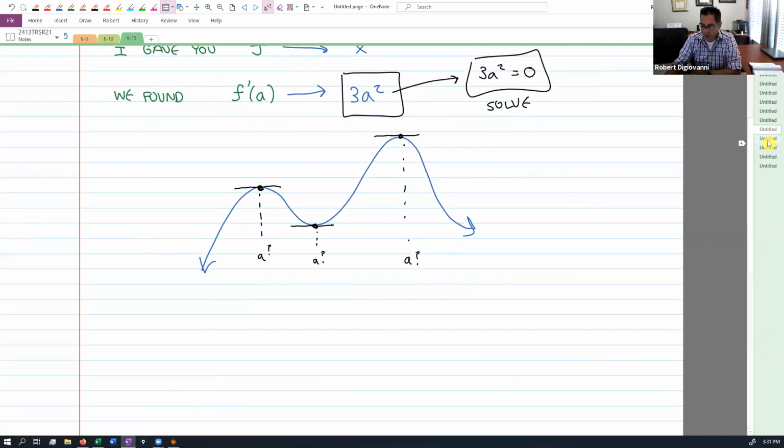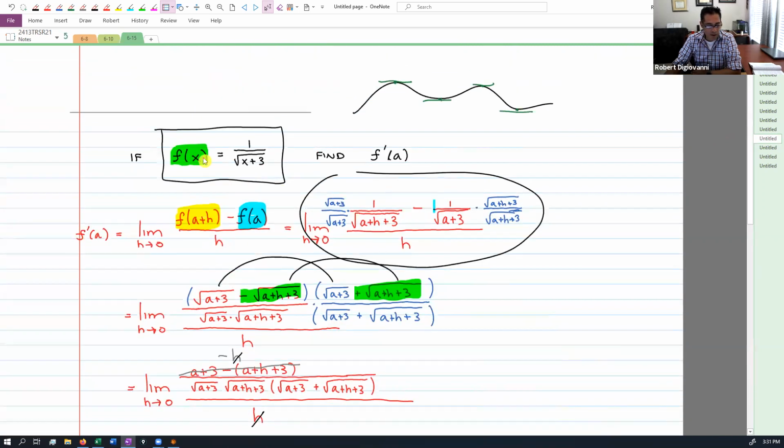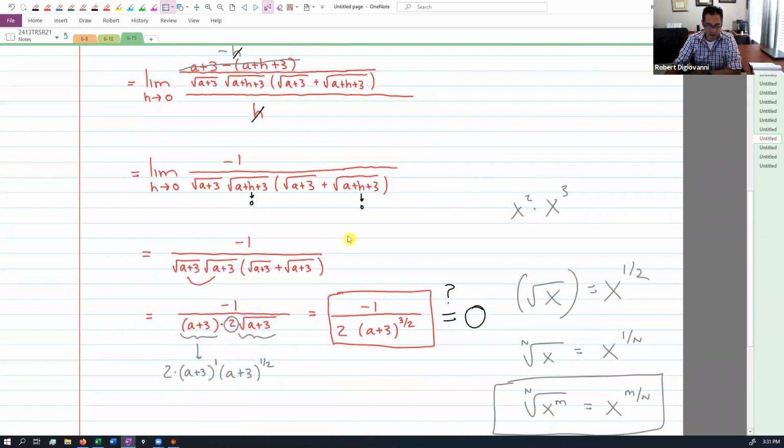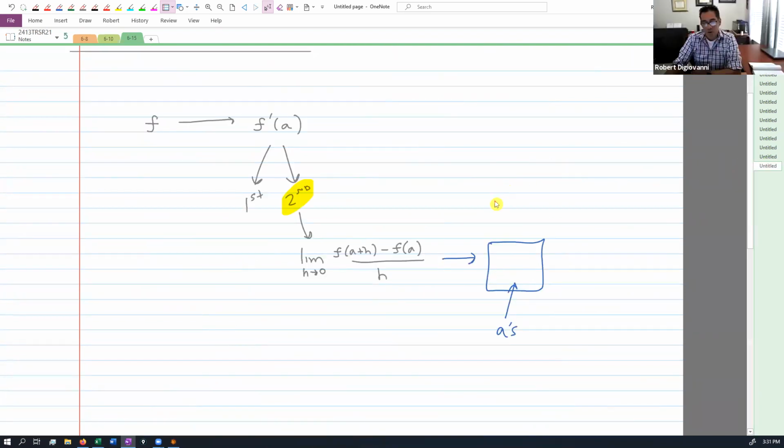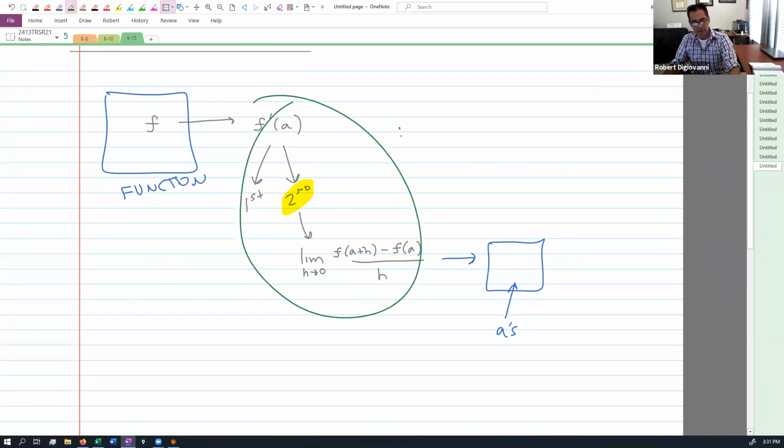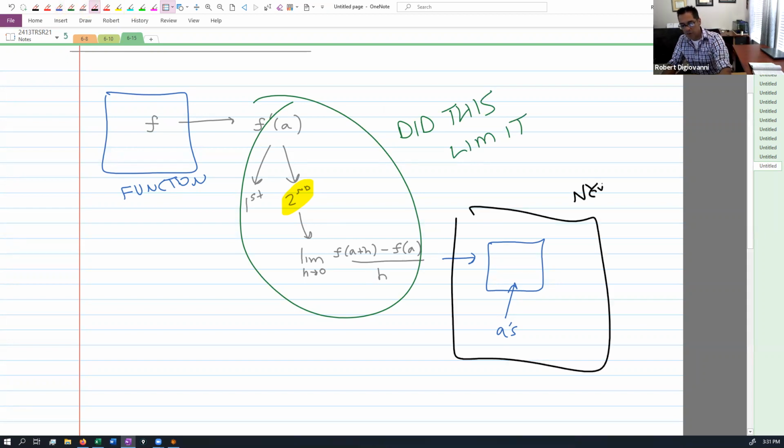But then we did this really, really ugly one right here, where I gave you a function, we found f prime of a, and we got this rather disgusting looking expression, but it had a's in it, right? Okay. So it's almost like we started with the function, we did something to it, we did this limit, and then what happened at the end was we got a new function.